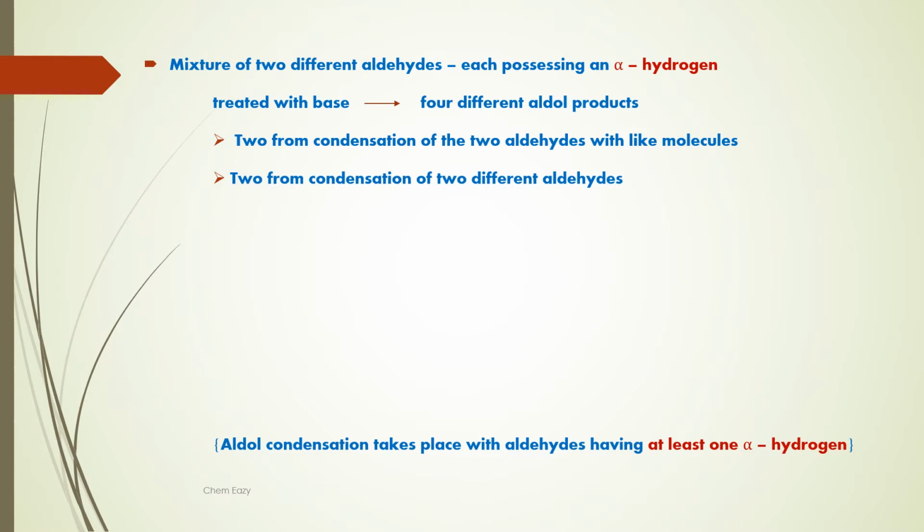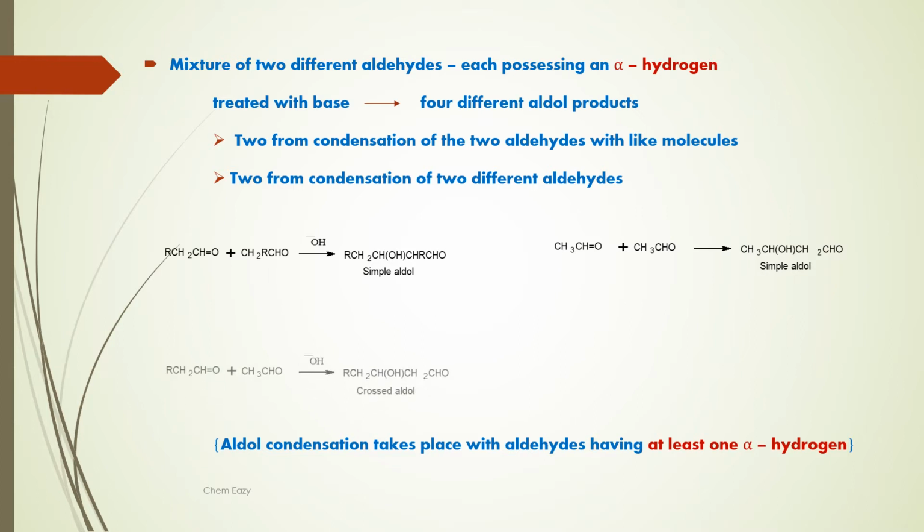When a mixture of two different aldehydes is treated with a base, four different aldol products are formed. Among these four, two are from condensation of the two aldehydes with like molecules and another two are from condensation of two different aldehydes.